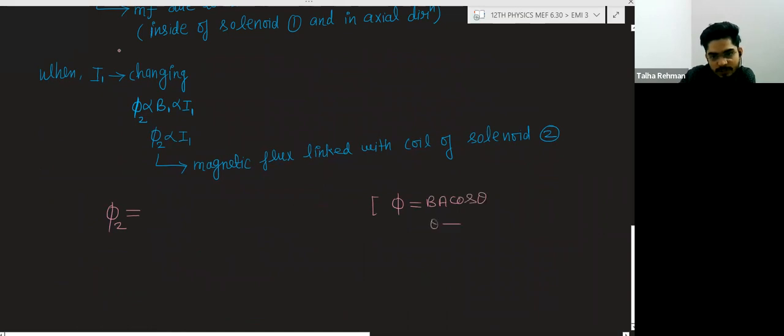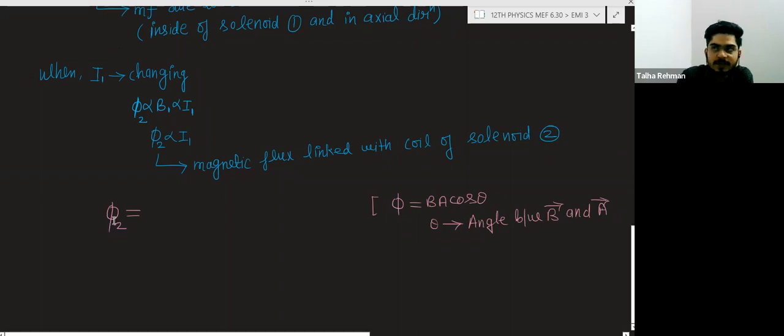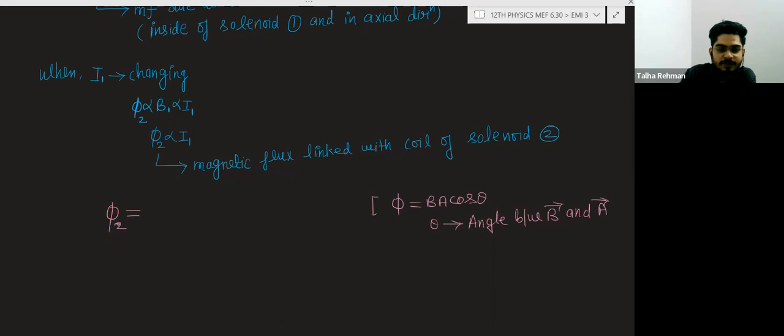What is theta? The angle between the magnetic field vector and the area vector. Many times I have told you. So flux linked with solenoid 2 is given by the magnetic field.